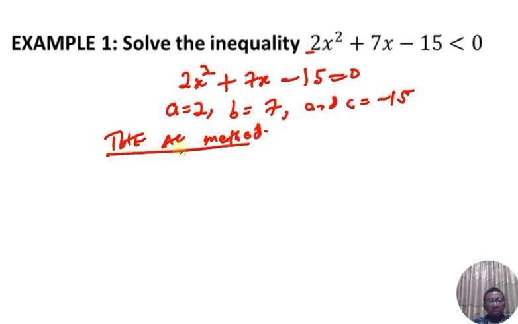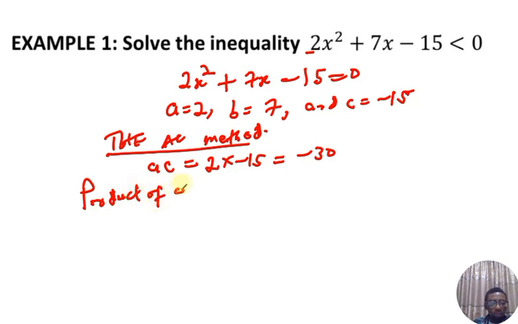What do I mean by the AC method? What's our AC here? Our AC is 2 times minus 15, which is minus 30.